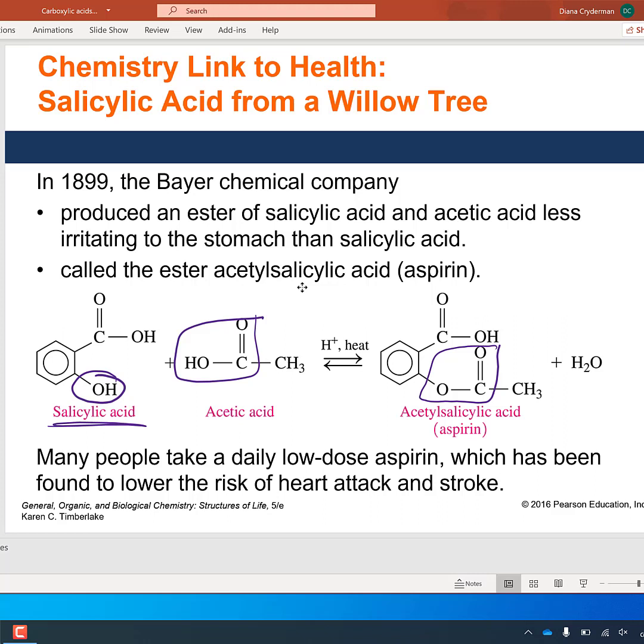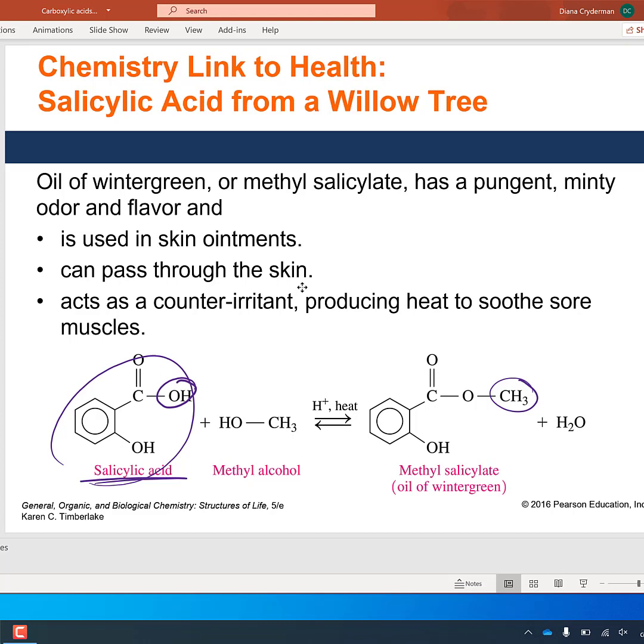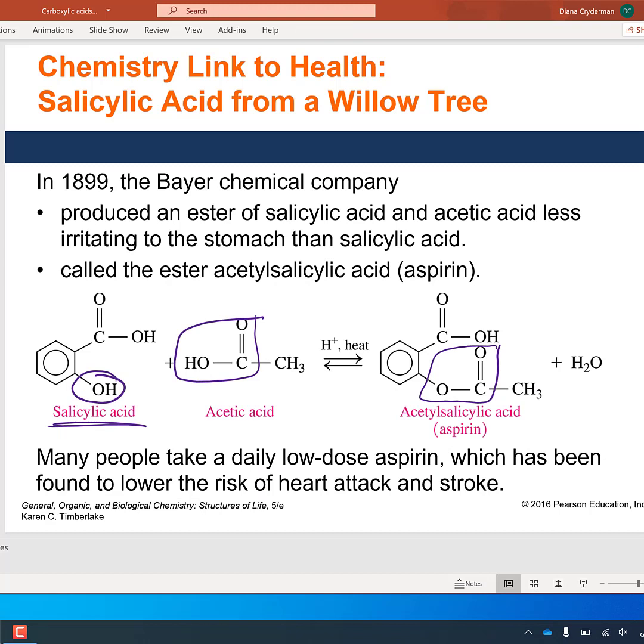And so in lab, hopefully we'll be able to set up a lab where we can take wintergreen leaves, distill out oil, turn it into salicylic acid, add acetic acid, which is essentially just vinegar, and that will bond onto this alcohol group, forming an ester here.